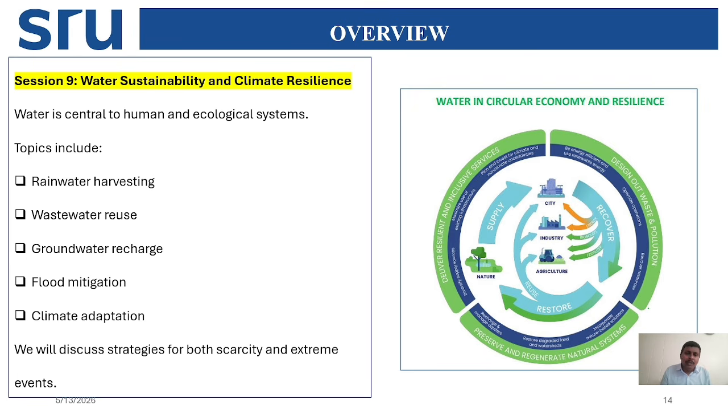Then we have to depend upon water shortages, and flood mitigation and climate adaptation are among the most important criteria. To discuss in this session is how to manage this water supply system and how to recycle the wastewater generated from various industry or agriculture, and how to handle the probability of climate changes and climate adaptation to decrease water scarcity. So this is the session about water sustainability and climate resilience.